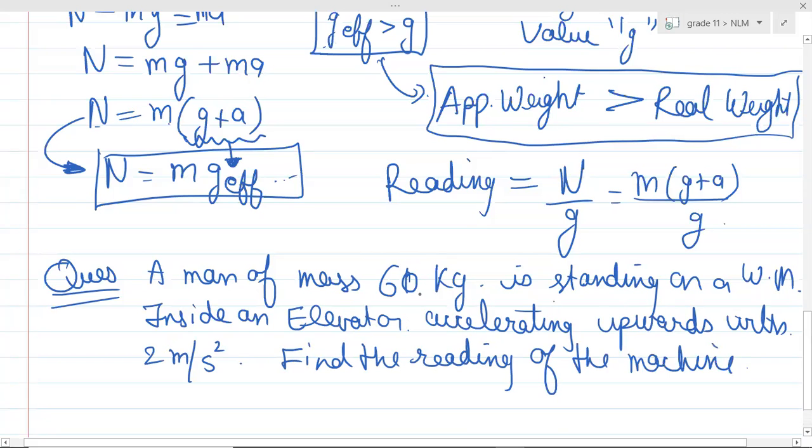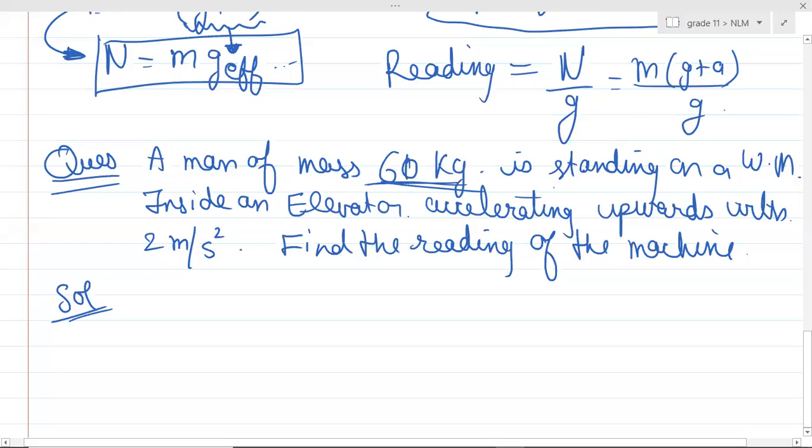So basically his actual mass is 60 kg. But what he will measure on the weighing machine is what you need to find out. You need to find the reading of the machine, or basically the apparent mass.